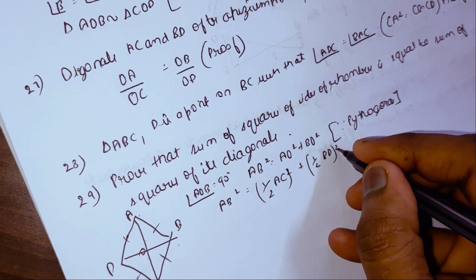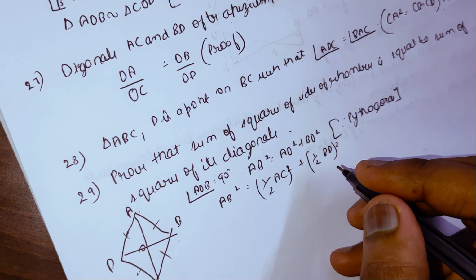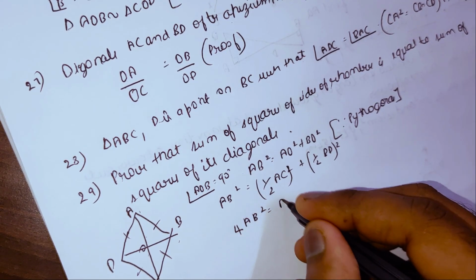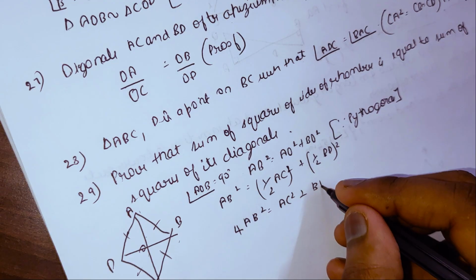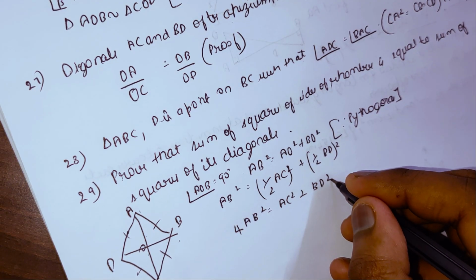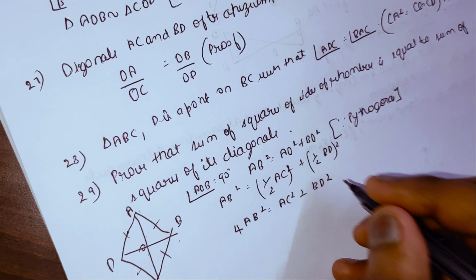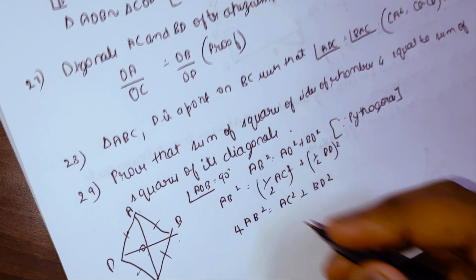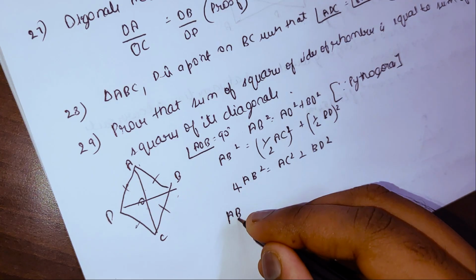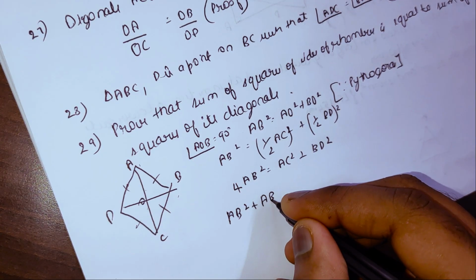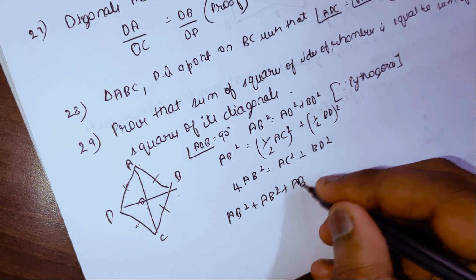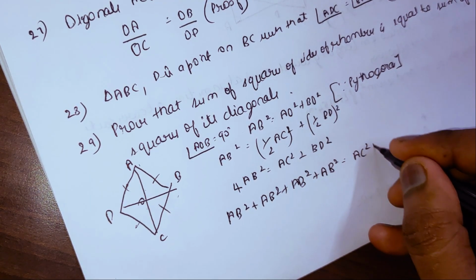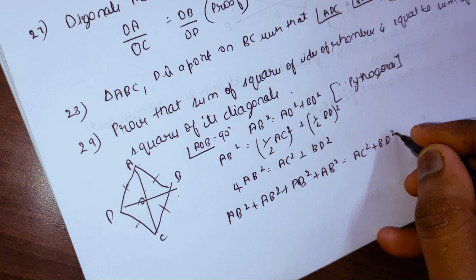Substitute that, and you will get 4AB square is equal to AC square plus BD square. Nothing but AB square plus AB square plus AB square plus AB square is equal to AC square plus BD square.